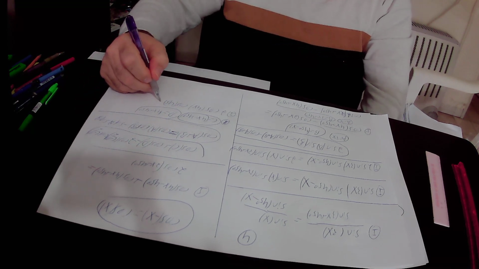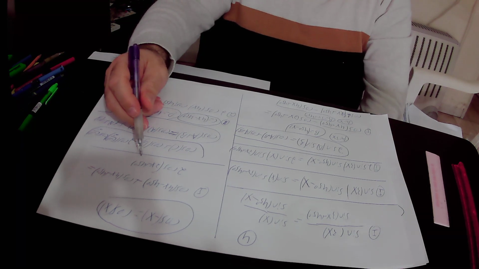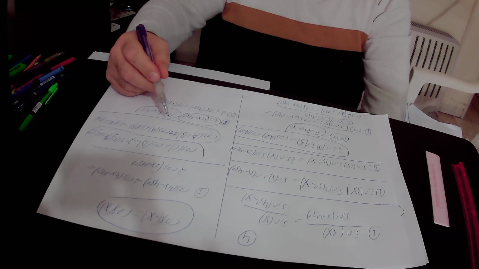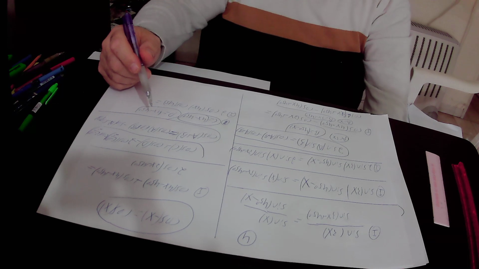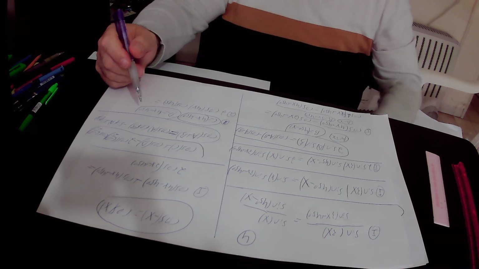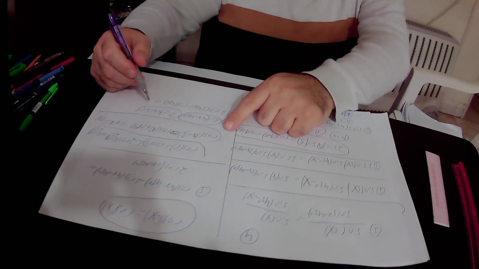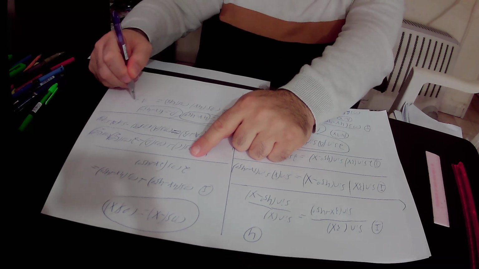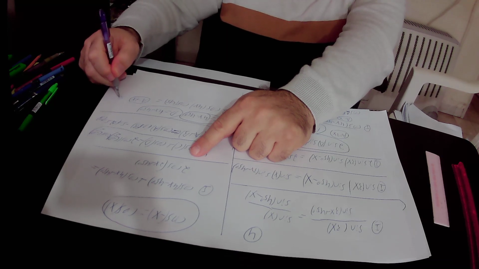Now we will deal with the expression 2 cosine 2x plus 45 degrees, and we will simplify it by the trigonometric identity that cosine A plus B equals cosine A cosine B minus sine A sine B. So here A is equal to 2x and B is equal to 45 degrees.